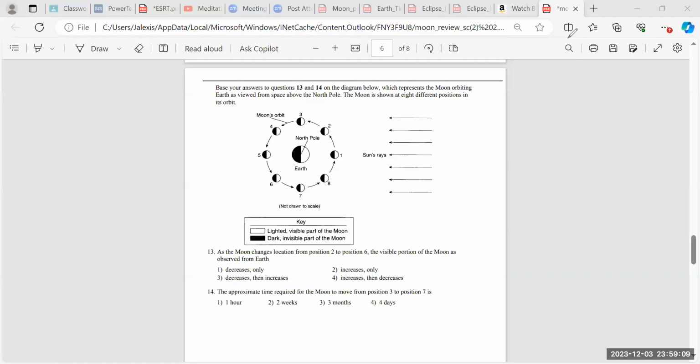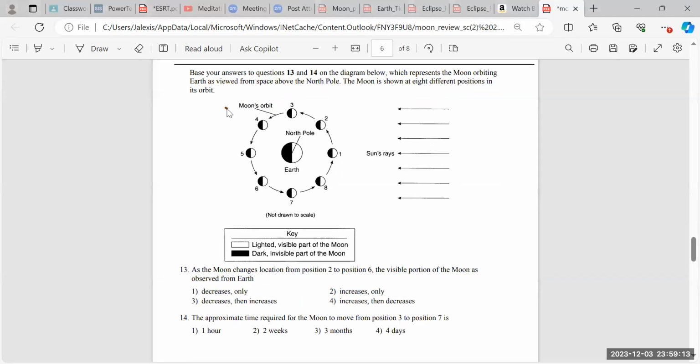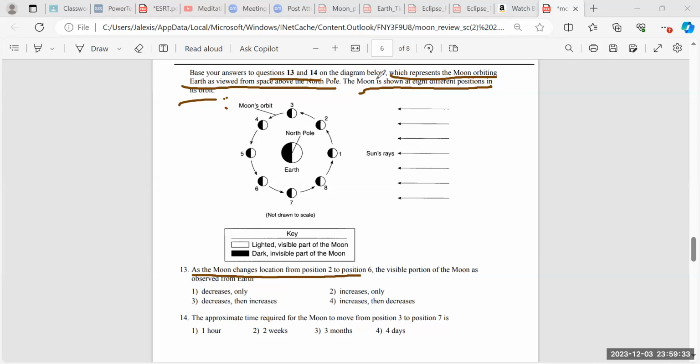All right, number 13, it says, let me zoom this up more. It says, base your answers to questions 13 and 14 on the diagram below, which represents the moon orbiting Earth as viewed from space above the North Pole. The moon is shown at 8 different positions in its orbit. As the moon changes from position 2 to position 6, the visible portion of the moon as observed from Earth goes as follows.